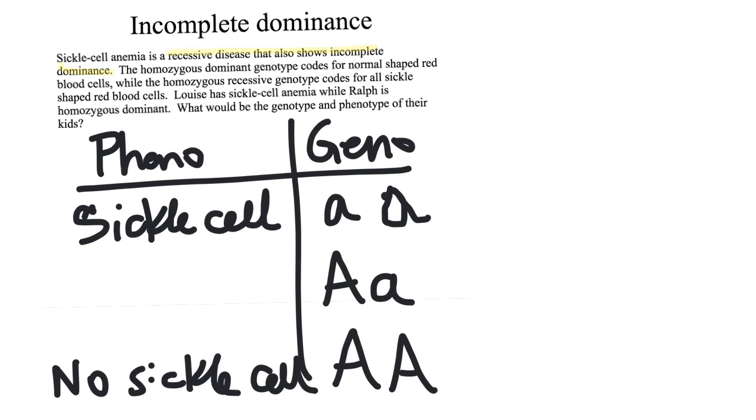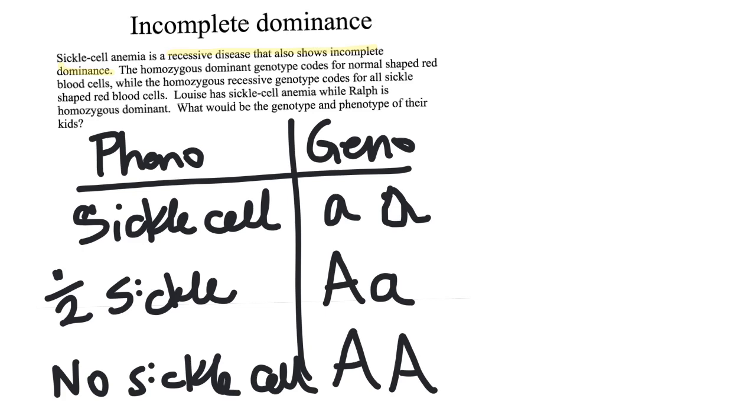In this case, this person will have half of their red blood cells look sickle-shaped and the other half not. So for the phenotype, I'll just write half sickle cell, or half sickle to abbreviate it. Okay, so again, it's incomplete dominant. The big A does not completely cover up the little a, and so you will have an intermediate look here.